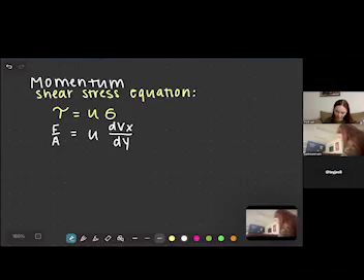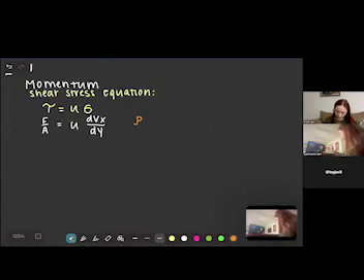And one way that we can relate this all together is by multiplying and manipulating the equation by the density. Density is in units of kilograms per meters cubed.